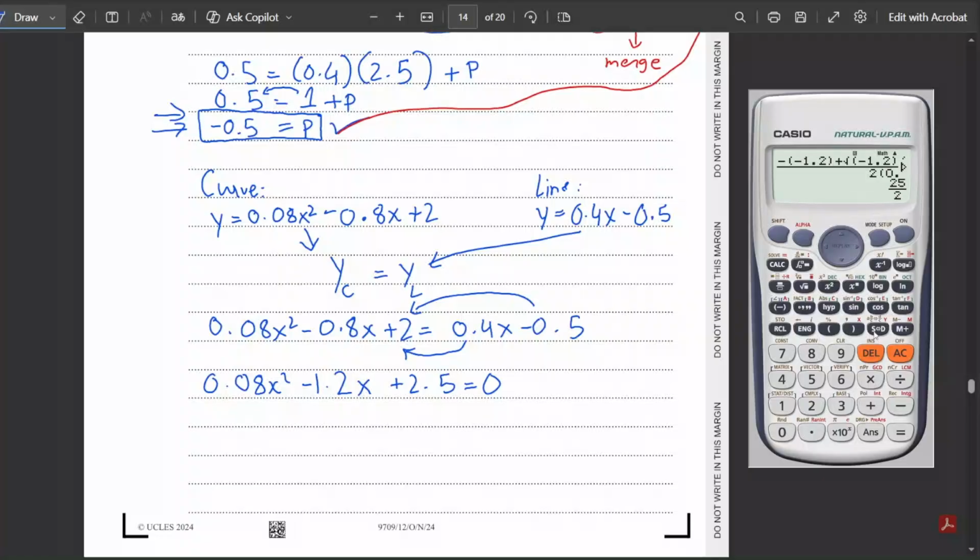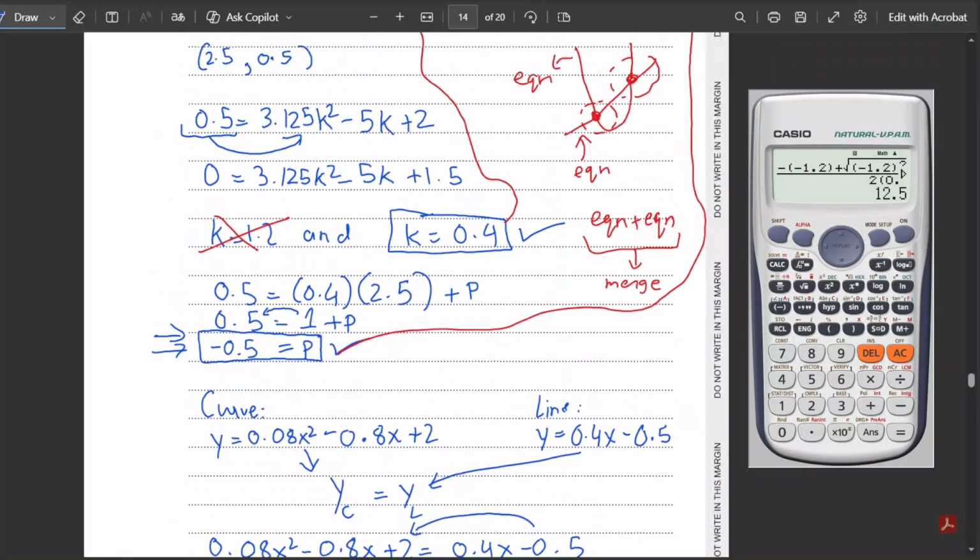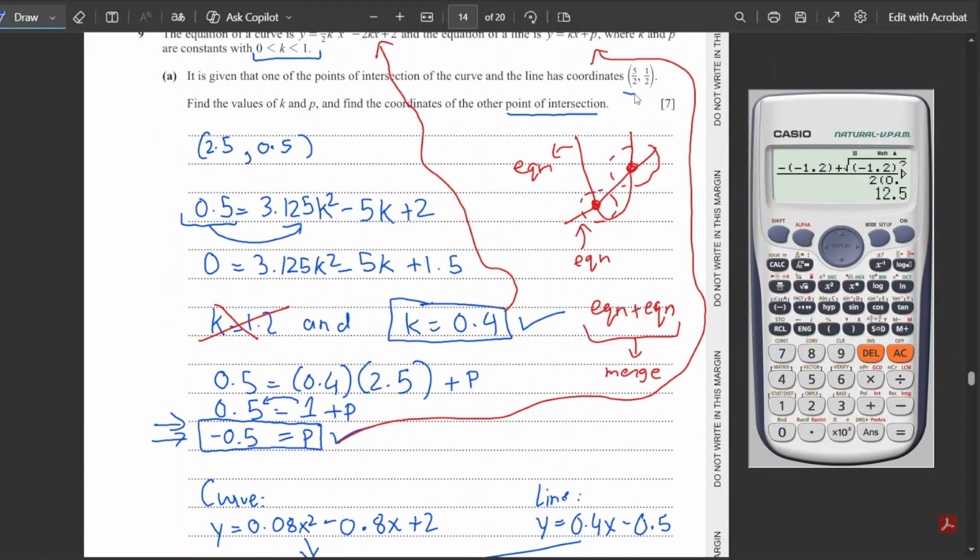So this is going to give me 12.5. And the other coordinate I'm going to get from this equation is going to be this one, 5 by 2. Because one of the coordinates of the intersection point was already given to me, and one of them was the one I had to find. So if I go over here and turn this into a negative, I should get a 5 by 2.